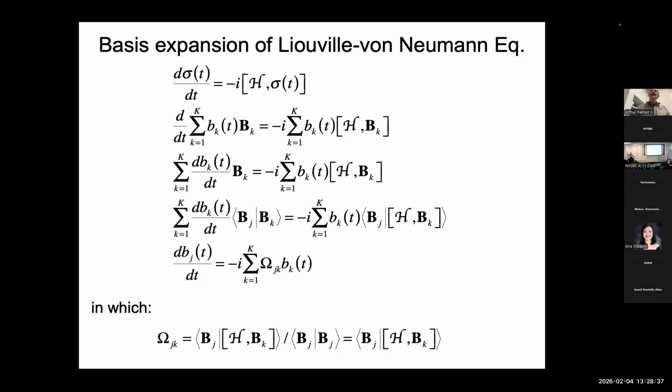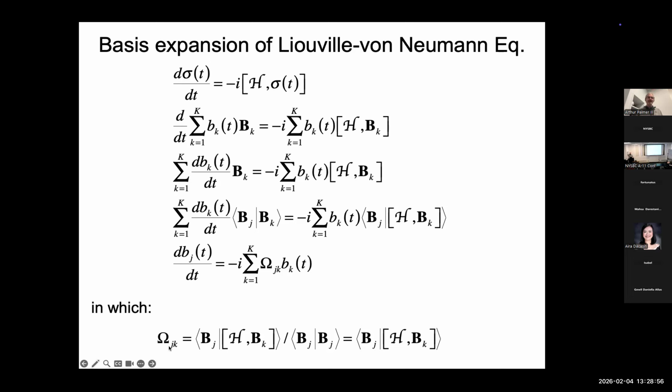So by doing this expansion in the basis operators, we have taken this rather unpleasant differential equation of matrices or operators and made it into a plain old vanilla algebraic set of differential equations.